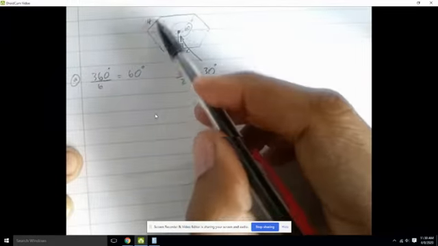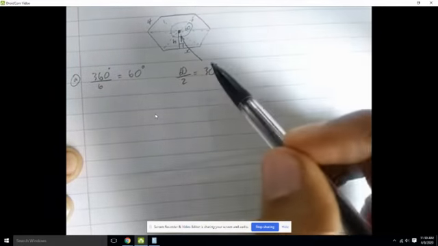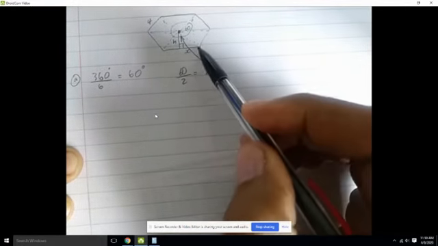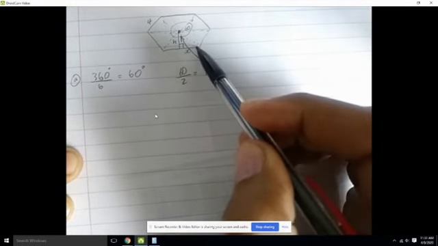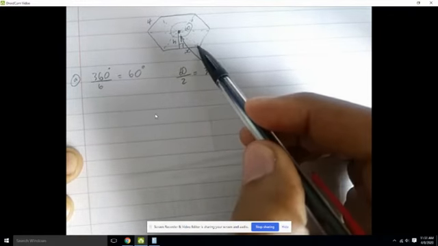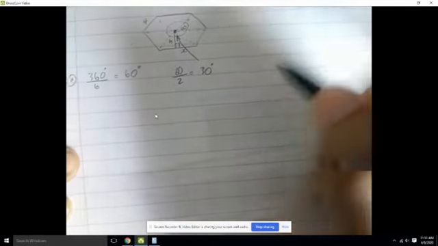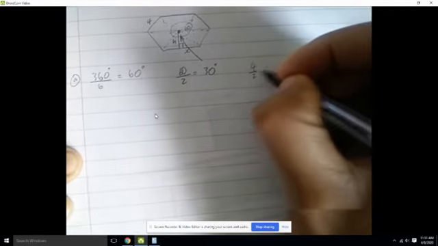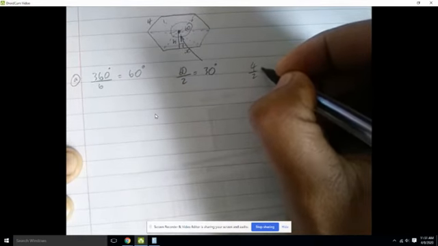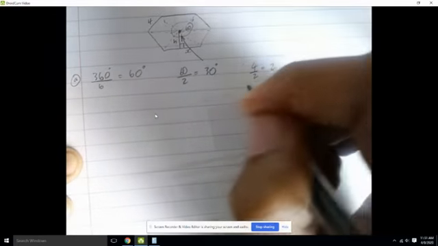Also, if this whole side length here is 4, then from here to here, half of that should be 4 divided by 2, which should give you 2. Okay?